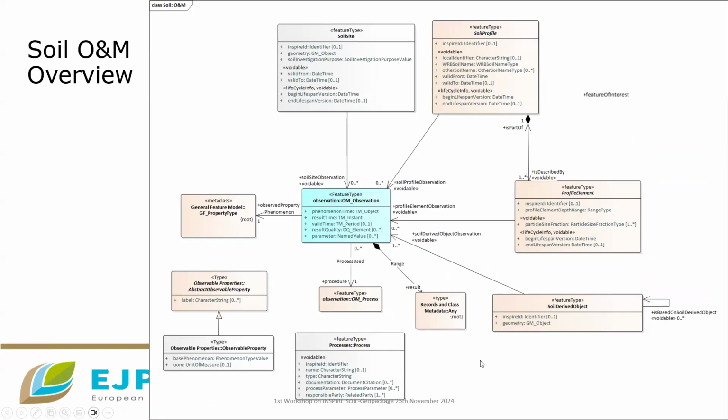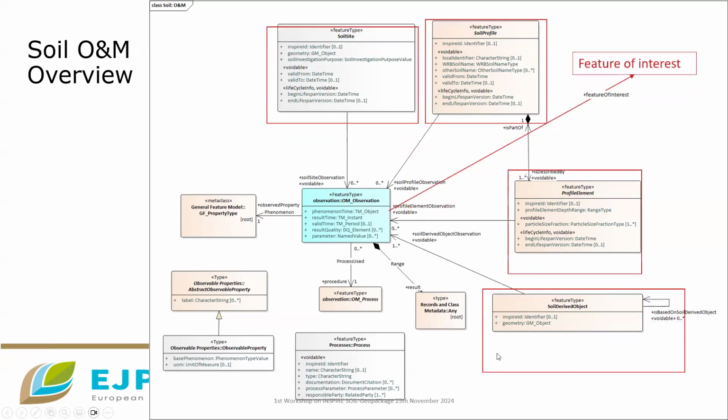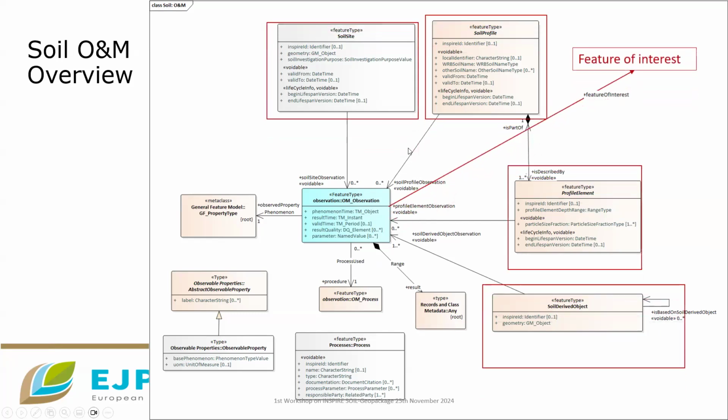This is the overview of the O&M, soil O&M from INSPIRE soil. And as you see, the OM observation feature from the O&M standard is linked to the features of INSPIRE.